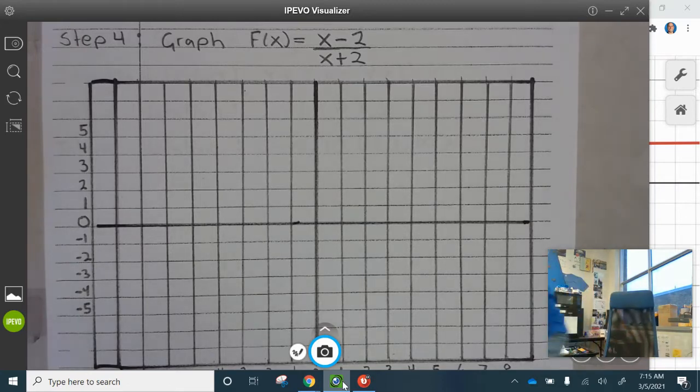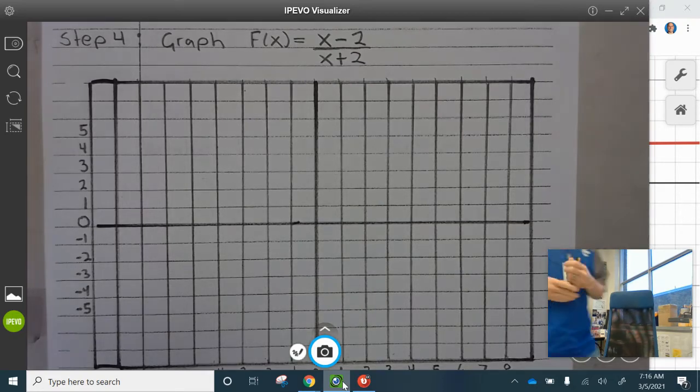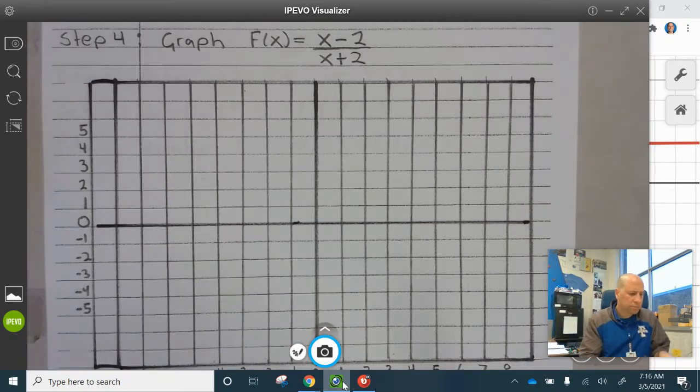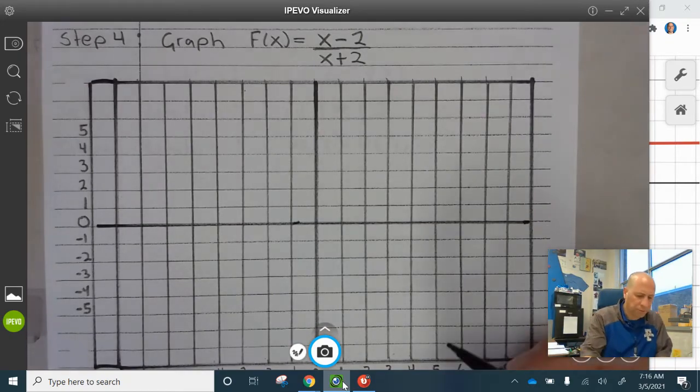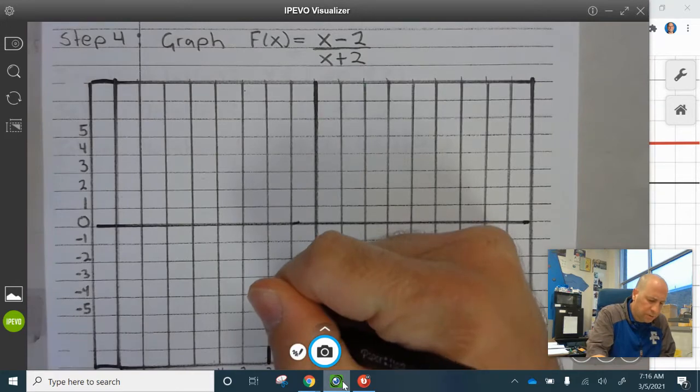I need my black marker. All right. So our vertical asymptote is x equals negative 2.